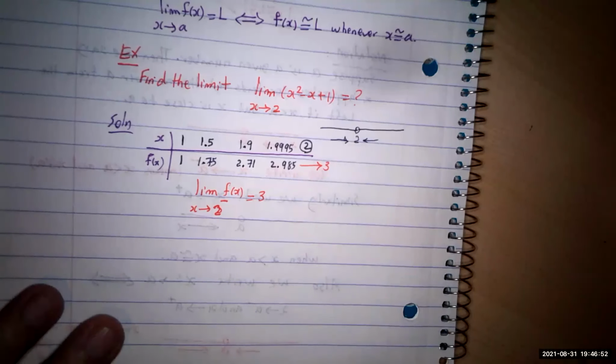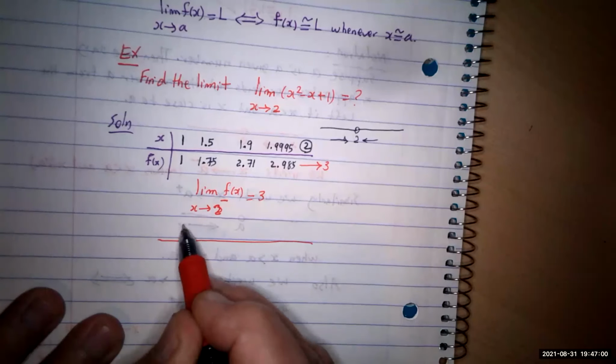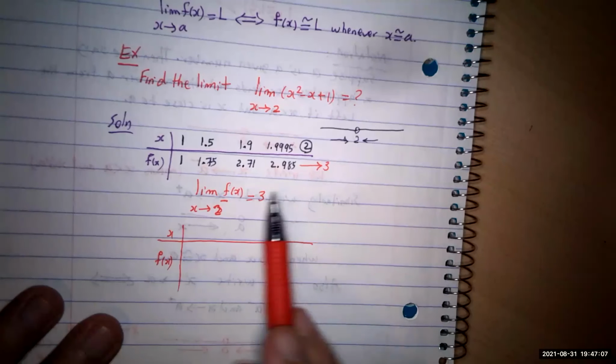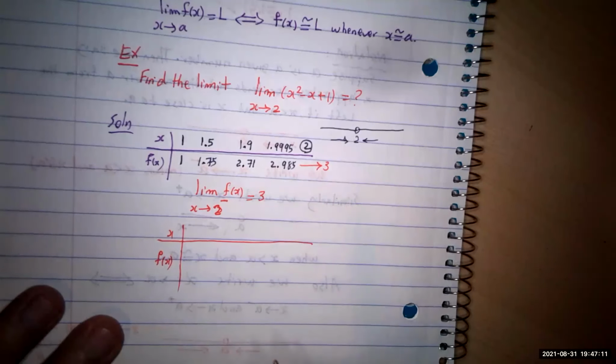Okay? So get the second table. Again, we get the x and the f of x. So what you would like to do, you see, you considered the values less than 2. So how about the values bigger than 2?